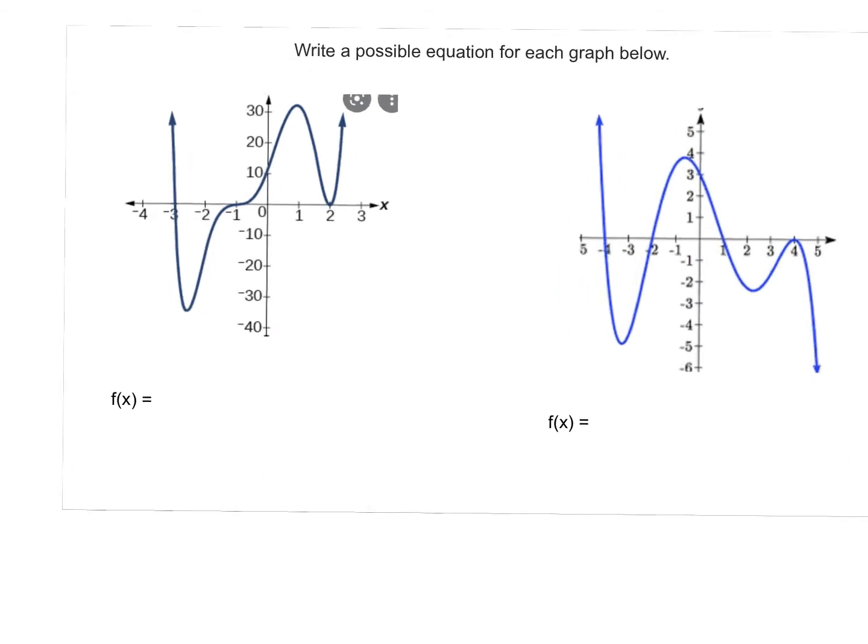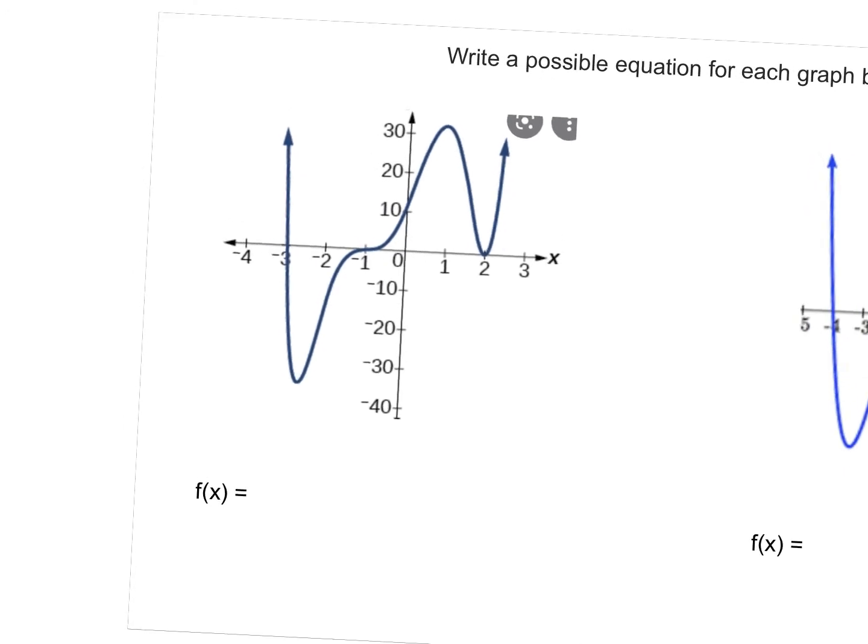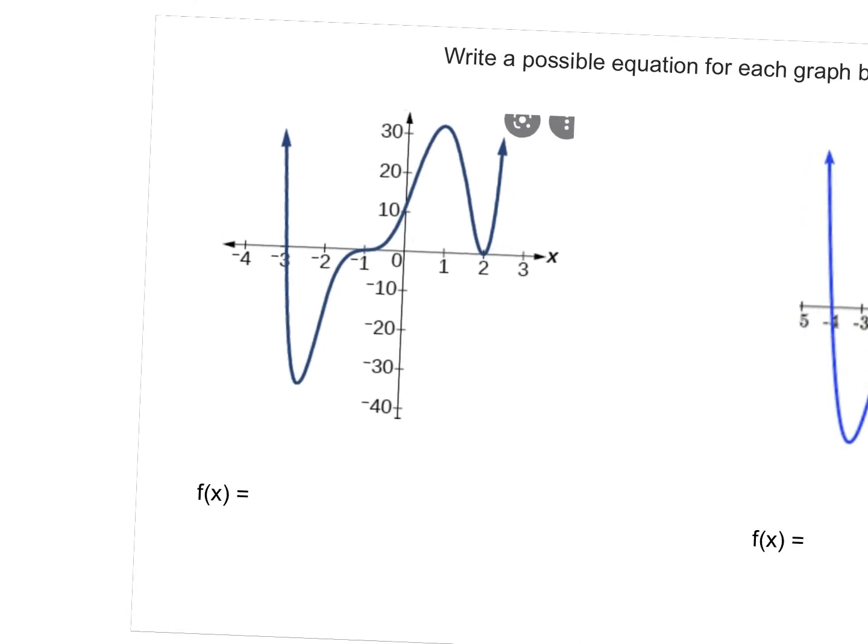Okay, so if we look at the first one, let's just zoom in on our first graph. There's a couple of things we want to make sure we notice, and it should be things that we're thinking back from what we learned in our previous two lessons. First thing that I notice is that both ends of my graph are going up. That tells me that I have a positive lead coefficient, so that tells me I have a positive A value.